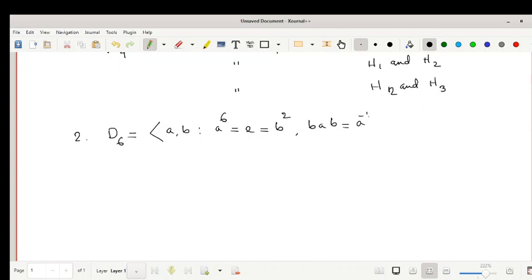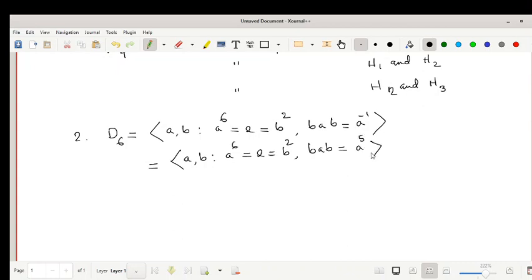Okay, let me write A inverse. And the same thing is actually the group generated by A, B, where A to the power 6 is identity is equal to B square, and BAB is equal to, or someone can write BAB inverse. B inverse and B are the same. So this is equal to A to the power 5.